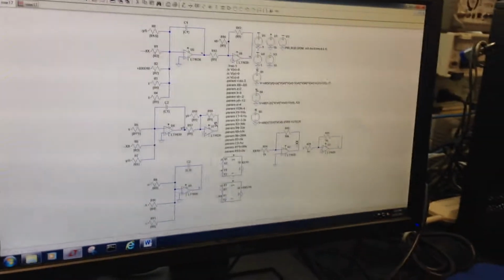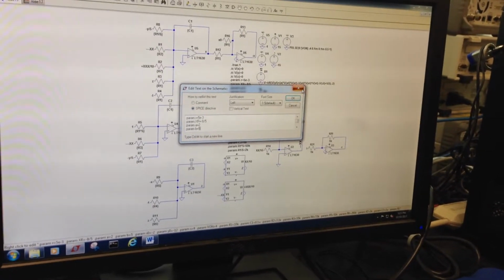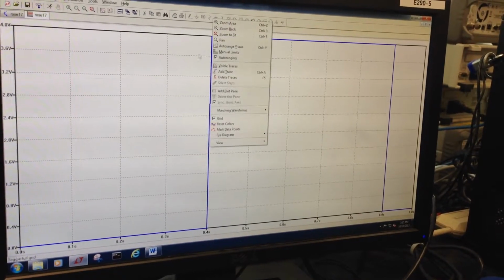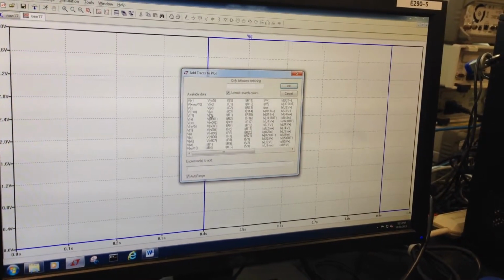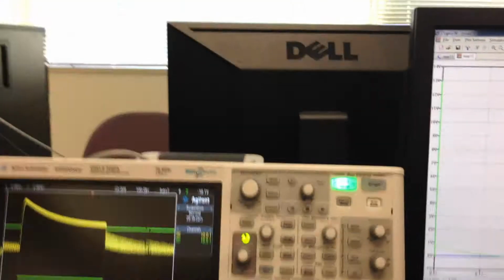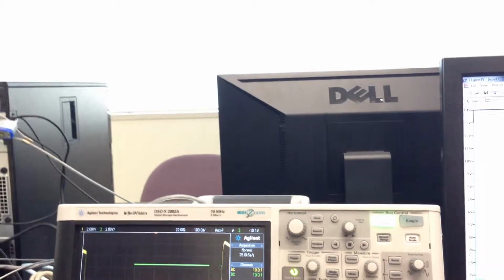Like the X output, the spiking for the Y and the Z varies depending on the input. That's for the Y, and that's for Z.